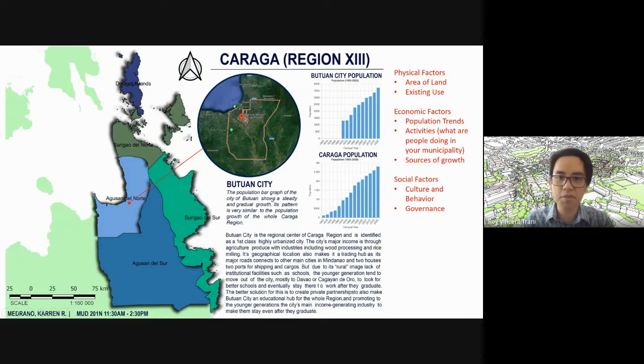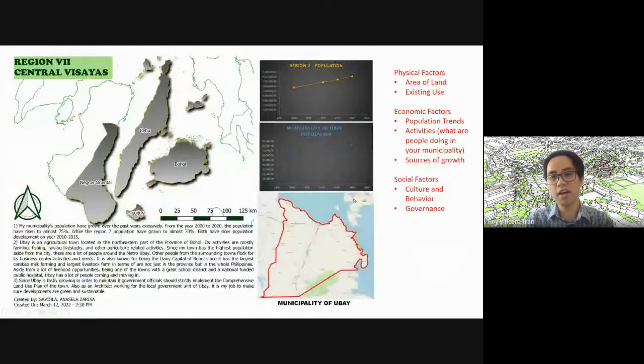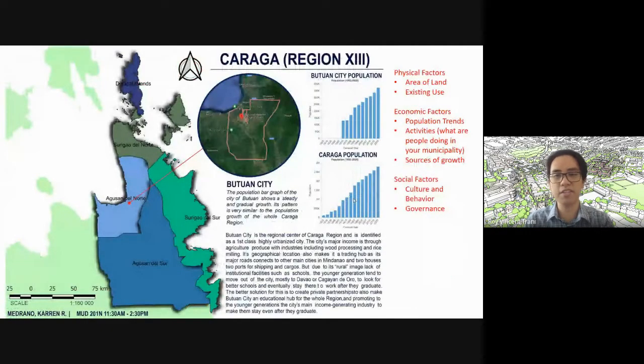The population bar graph of the city shows steady gradual growth. Its pattern is very similar to the population growth of the whole Caraga region. So currently, all of the areas are increasing in population. And I don't think we have an example where the region is increasing and the municipality is decreasing.